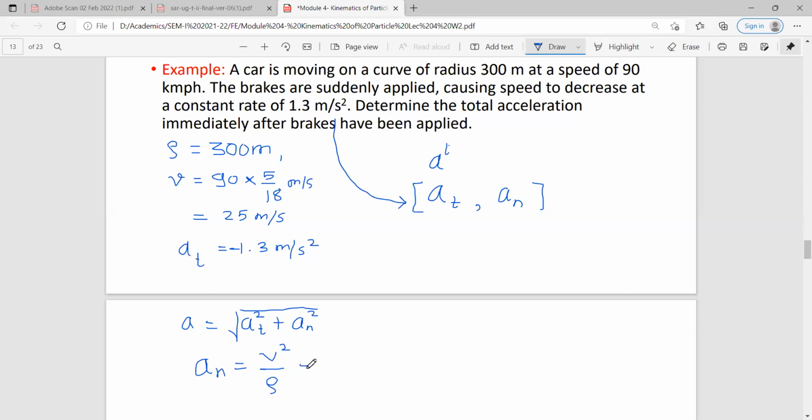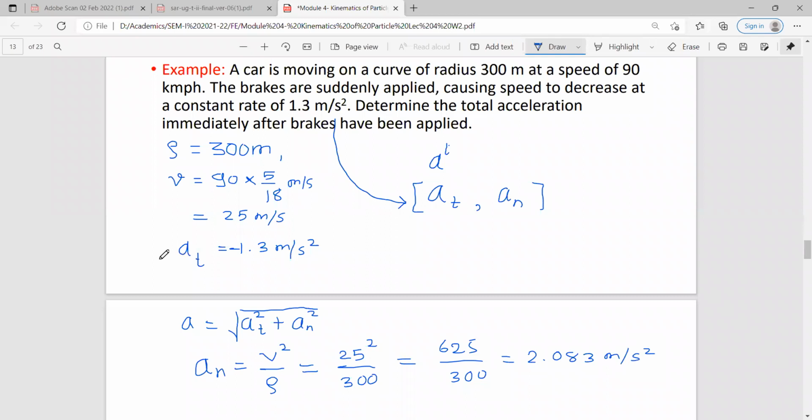So that will be square of 25 upon 300. It is 25 square is 625 upon 300. Okay, you got the calculator. Tell me. 2.083 meter per second square.